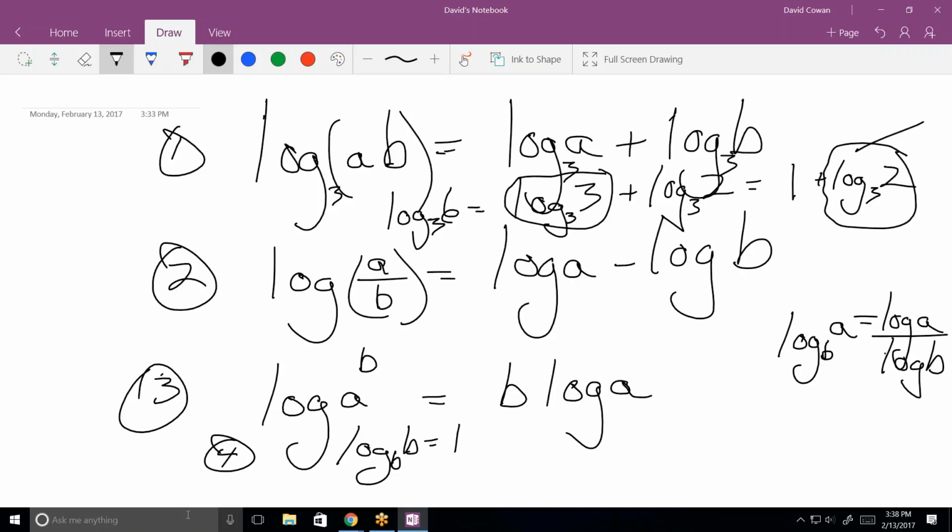And believe it or not, that can be any base. It also happens to be the natural log of a divided by the natural log of b. It also happens to be the log base 17 of a divided by the log base 17 of b.